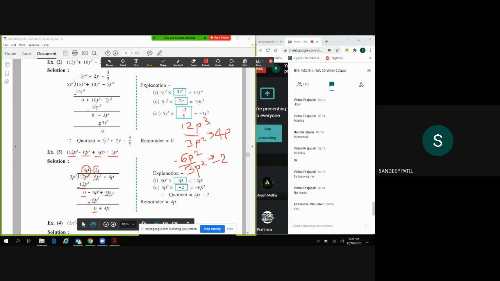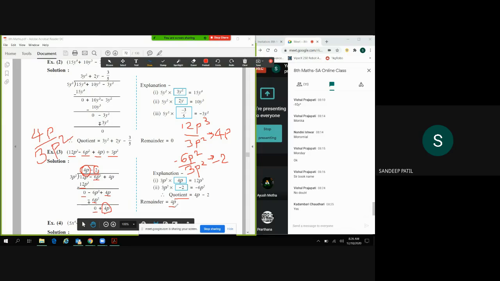So what is remaining? 4p. Can we divide 4p by 3p square right now? No. So we will keep 4p as it is. So here the quotient is 4p minus 2, and the remainder is 4p.